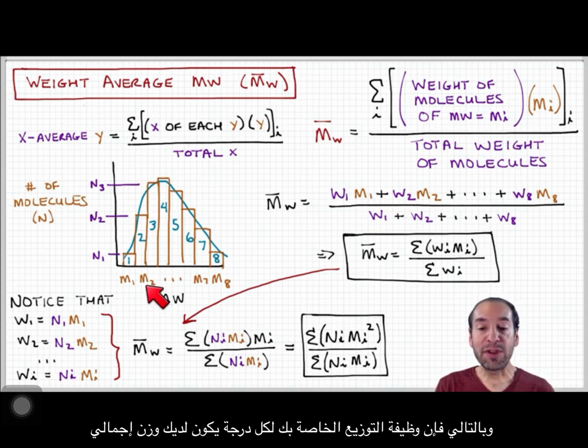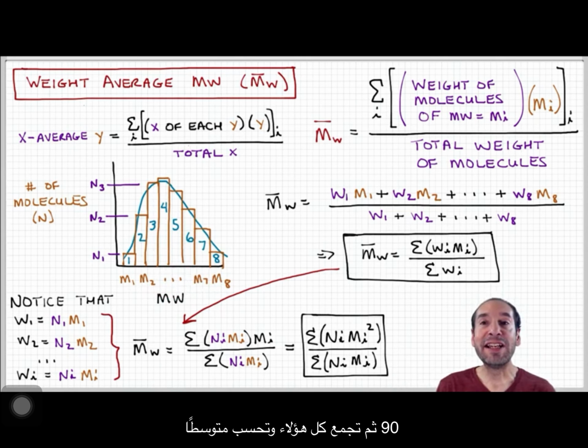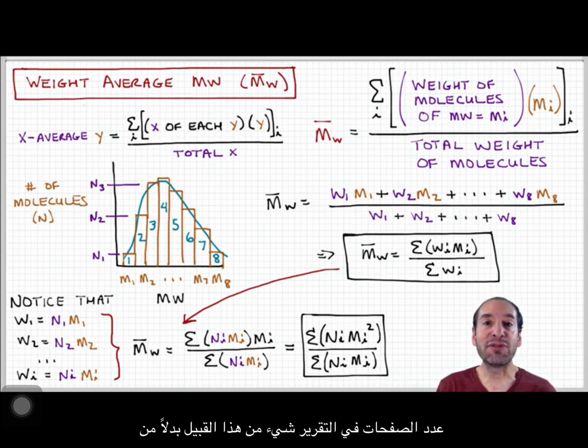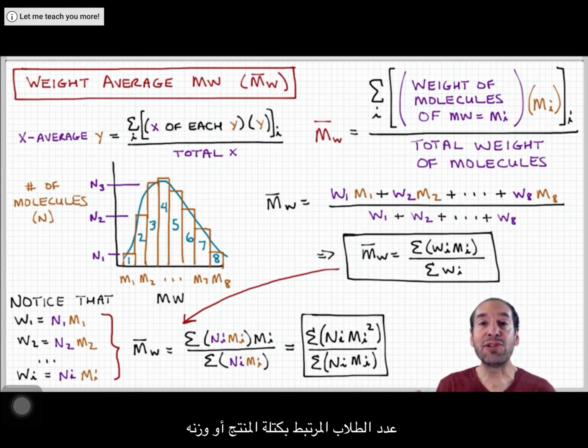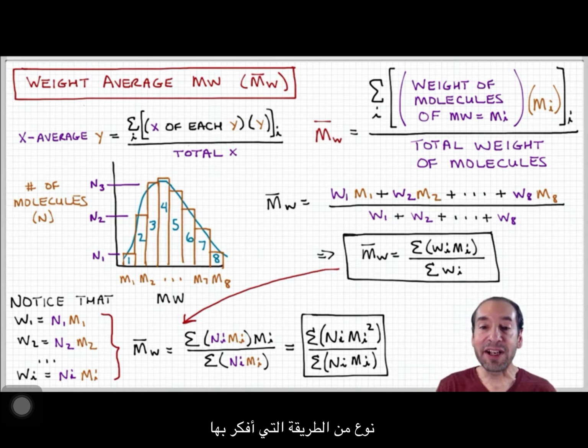So then for each grade, you have a total weight of papers that had a grade of 85, or a total weight of papers that had a grade of 90. And then you add up all those and compute an average that's skewed or influenced by the length of the paper, if that's representative of the number of pages in the report, something like that. So instead of the number of students, it's related to the mass or weight of the product that was produced. I don't know if that's helpful, but that's kind of the way that I think of it.